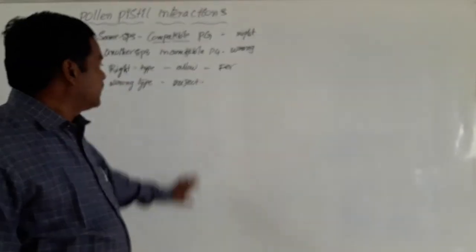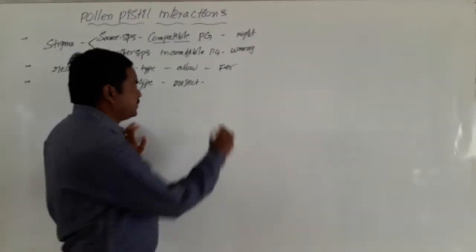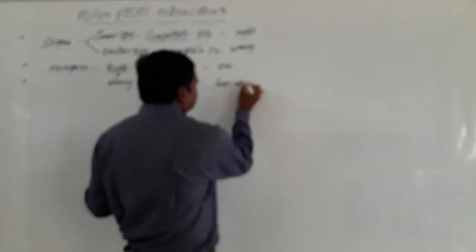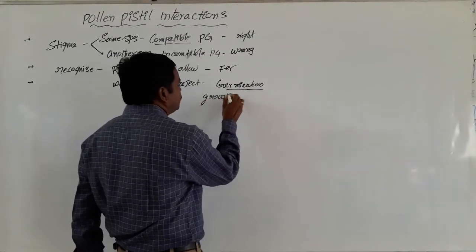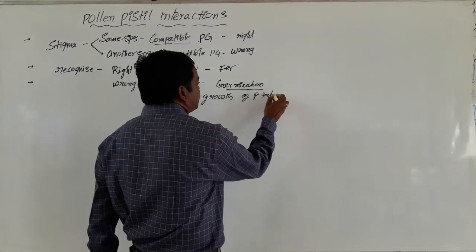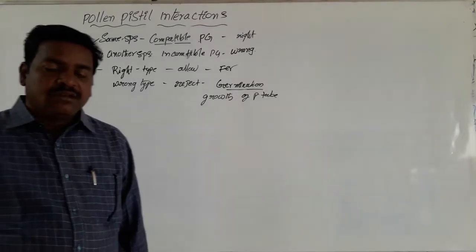How does it reject the pollen grain? By inhibiting the germination, or by inhibiting the growth of the pollen tube.